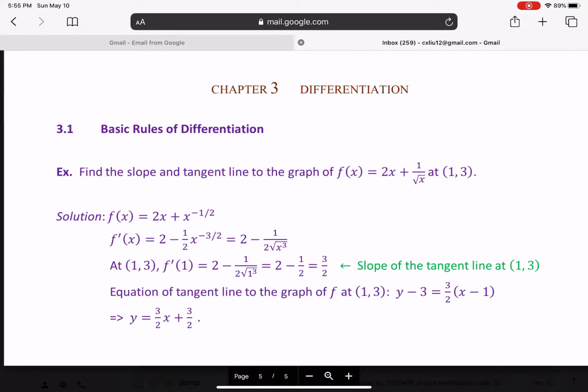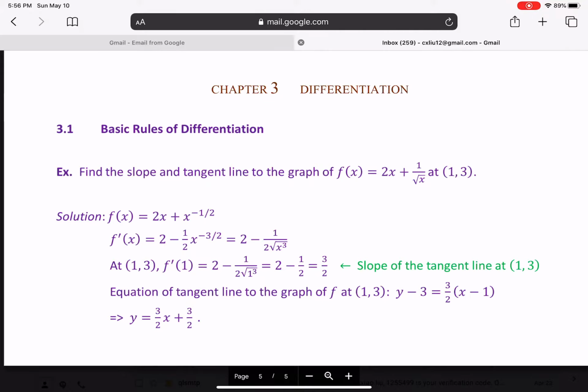Then we can use the power rule to get the derivative of the function to be 2 minus 1/2 x to the negative 3/2, and we write it back in radical form. Since we want to evaluate this derivative at the point 1, 3, that becomes 2 minus 1 over 2 square root of x cubed.